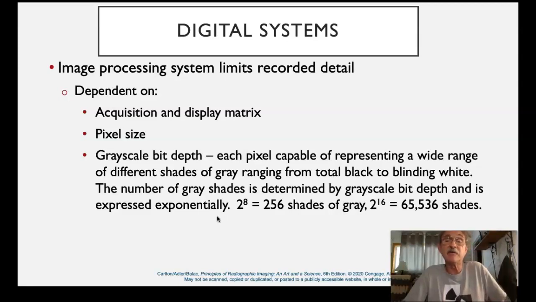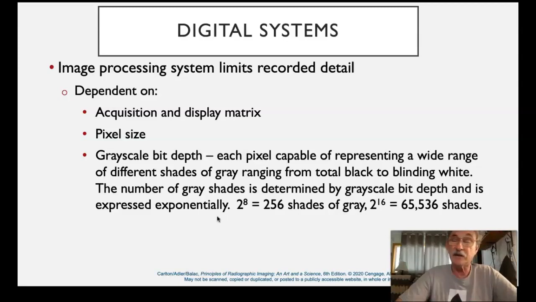The number of gray shades which can be captured is determined by the grayscale bit depth and expressed exponentially. If you took out your calculator and calculated 2 to the 8th power, you would come up with 256. So 2 to the 8th is 256 individual shades of gray that we can put in between total cave darkness to blinding surface of the sun whiteness.